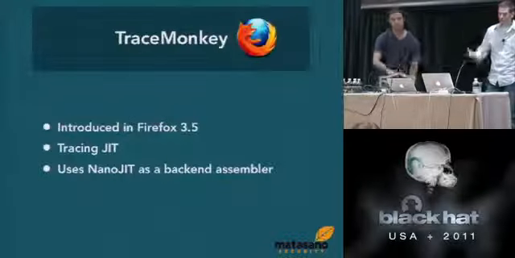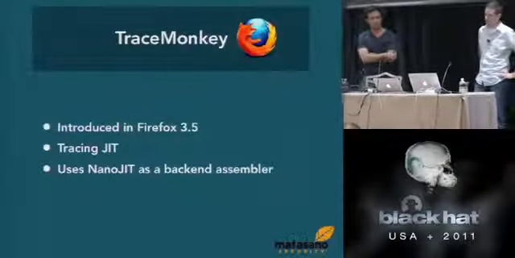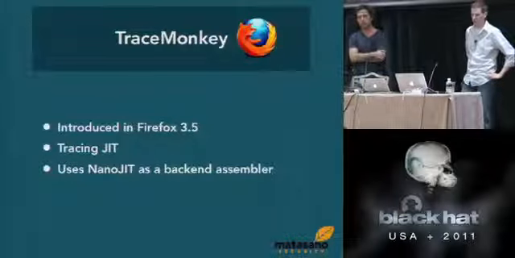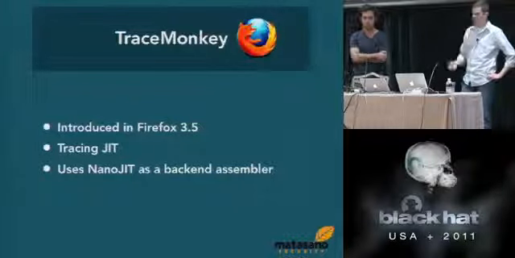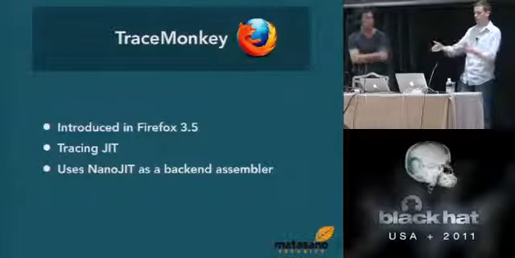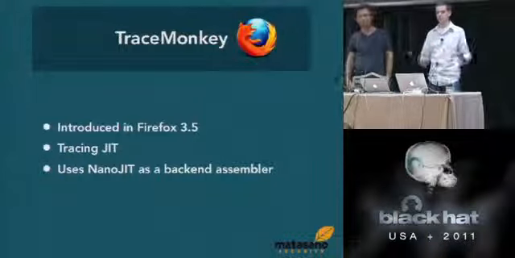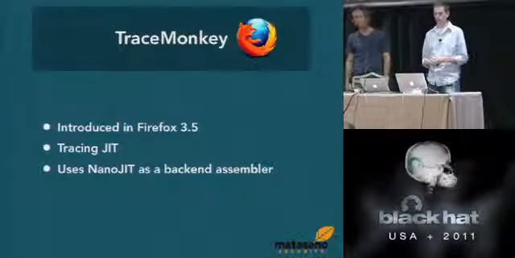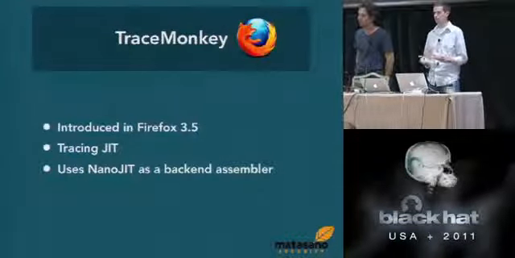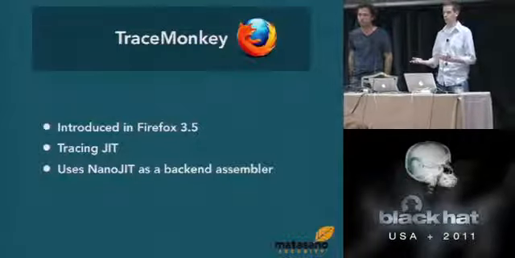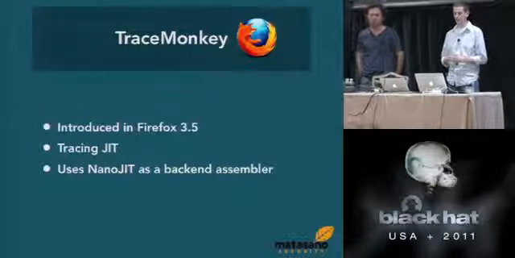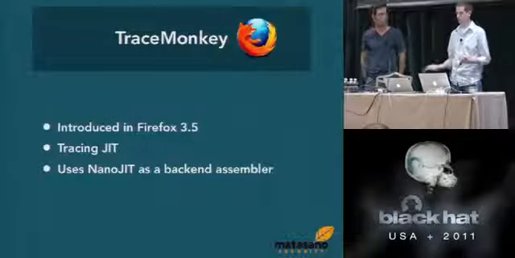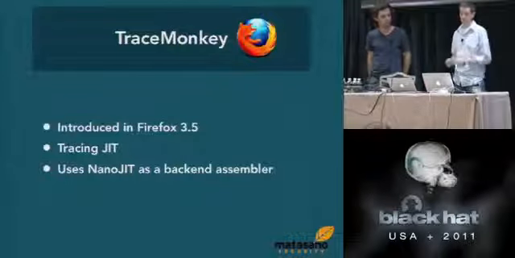An example of a tracing JIT engine is TraceMonkey. TraceMonkey was the first JavaScript JIT engine introduced in Firefox, in version 3.5. And it is a tracing JIT. It uses a recorder component to watch the execution of interpreted bytecode, and a backend component called NanoJIT, which it shares with the Tamarin and Flash project, to generate assembler code and assemble native code on the fly.